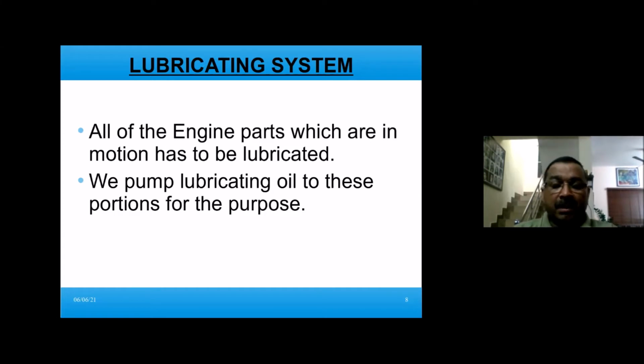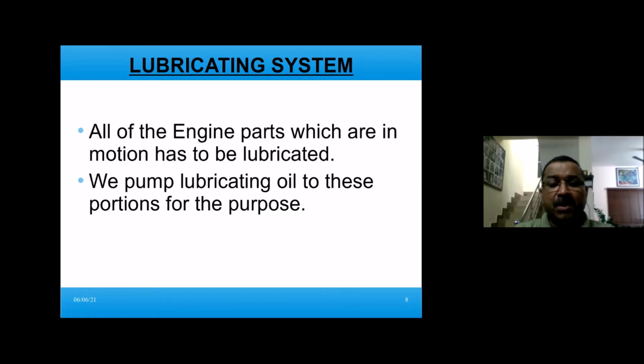Our engine is a mechanical system, and there are many moving parts in this engine. The piston, cylinder, crankshaft, camshaft, all are moving. It's a highly dynamic system.